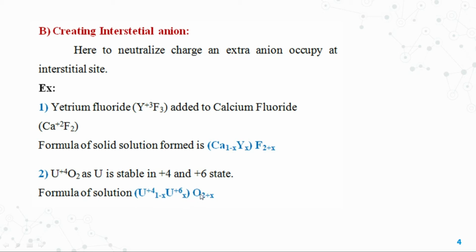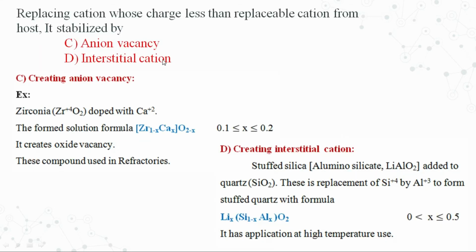As the charge of each oxygen is minus 2, only one x will come in this particular case. The second possibility is if we replace a cation with a lower charge, then these two cases are possible.